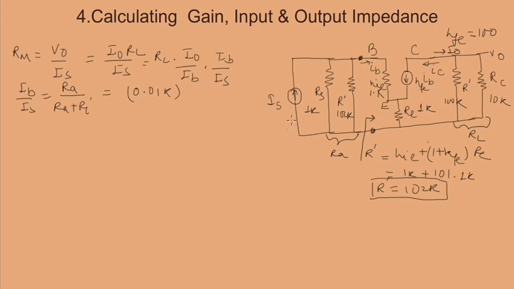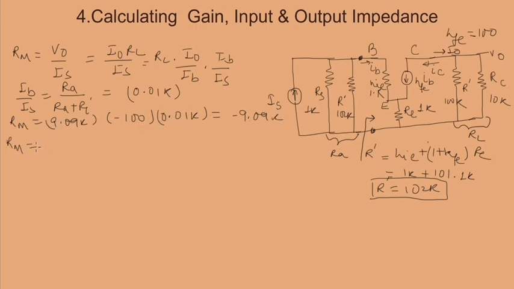So this value changes to 0.01K, and when we put this value here, we get the value of Rm, where RL was, as previously calculated, 9.09K, into Iout by Ib, that was minus 100, and into 0.01K. And this gives us the value of Rm, which is minus 9.09K, as these two get cancelled.